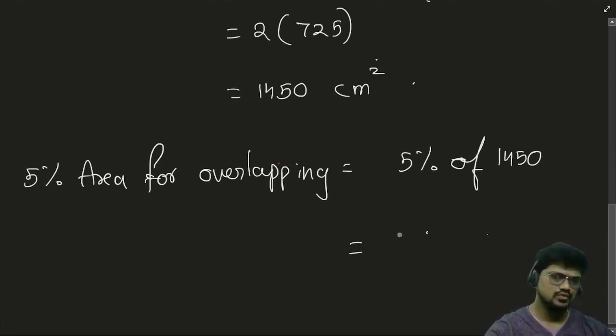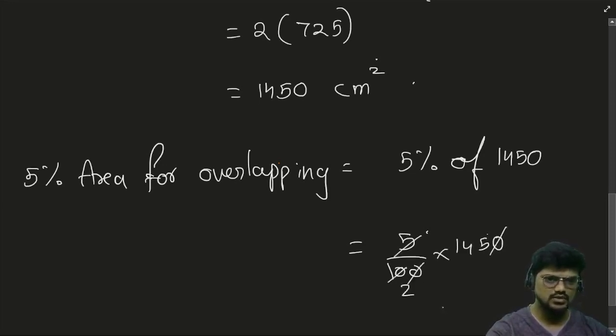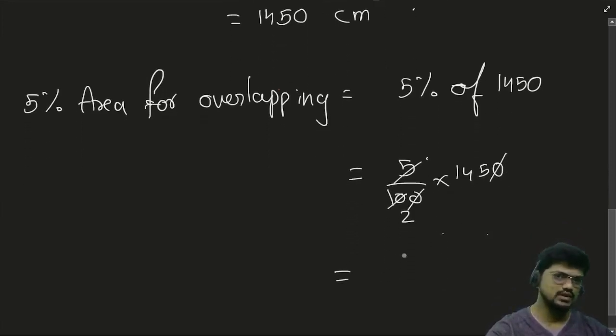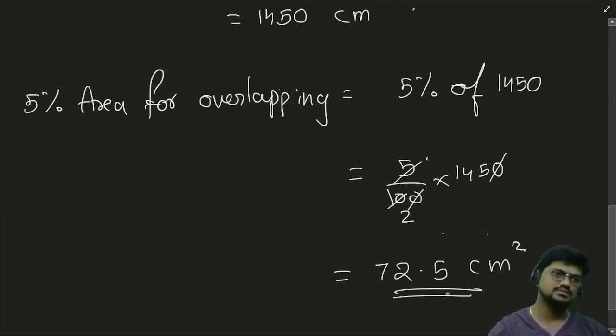So 5 of 100 into 1450, 0 0 cancel, 5 twos are, so 145 divided by 2, 2 sevens are 14, 2 twos are 4, and 72.5 centimeter square will be the extra area required for each box. Yes or no? Did you get it? Yes, sir.